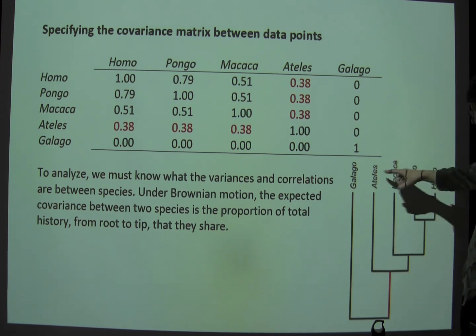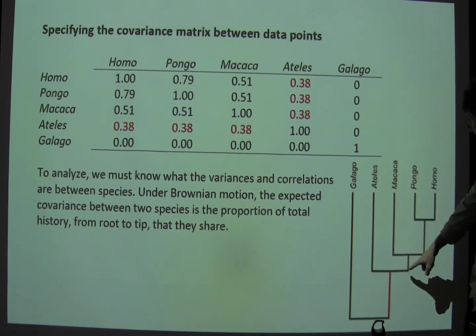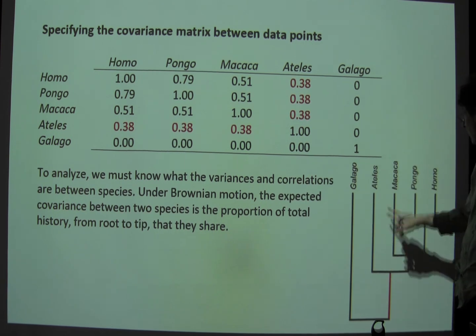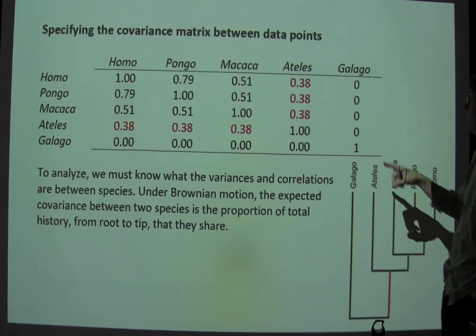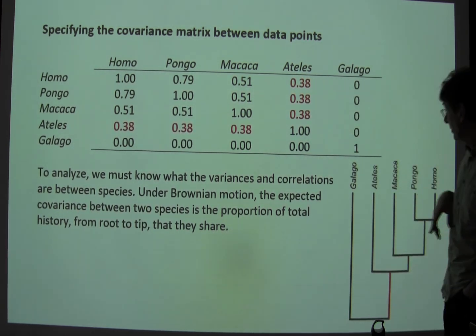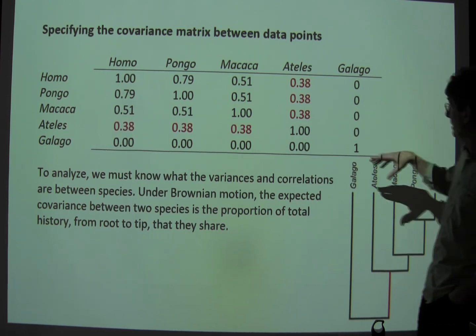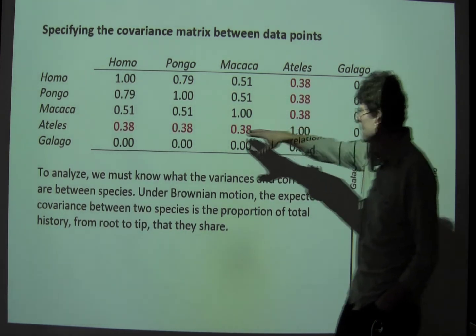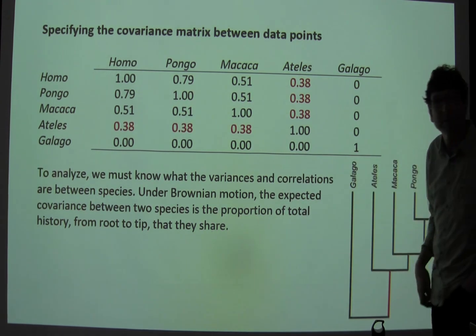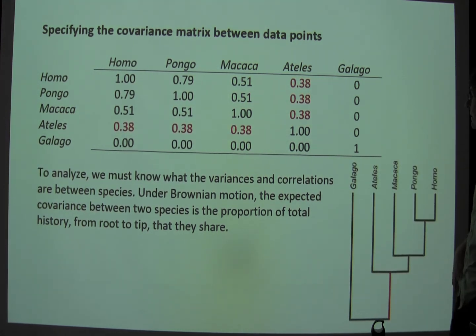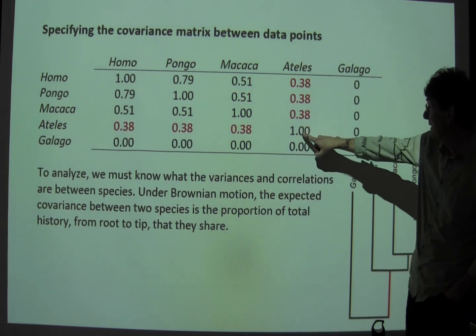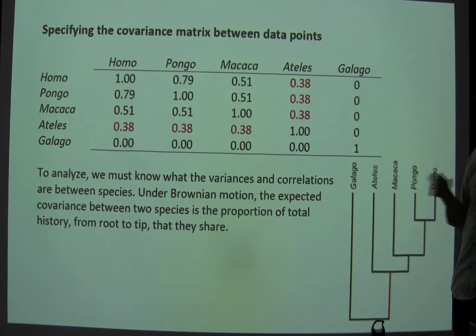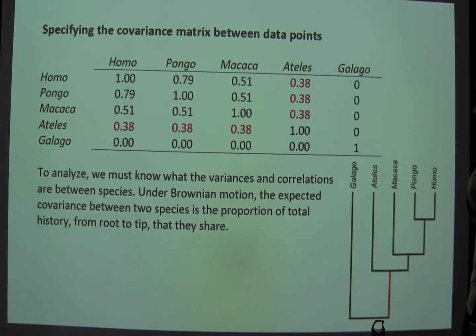So a telase shares this with those 3 species. And so 0.38 is the fraction of the tree that a telase shares with the other 3 species, and so it's just 0.38 all the way across. And along the diagonal, a telase with itself is 1 because it shares with itself the entire history.